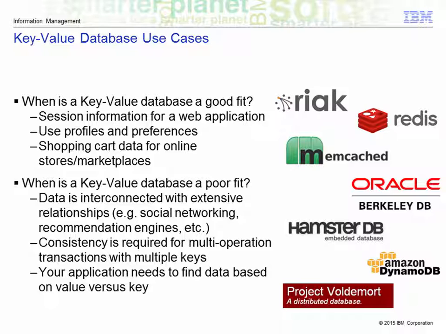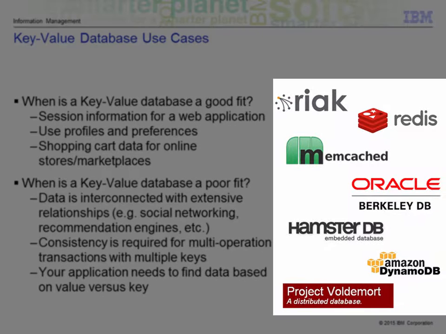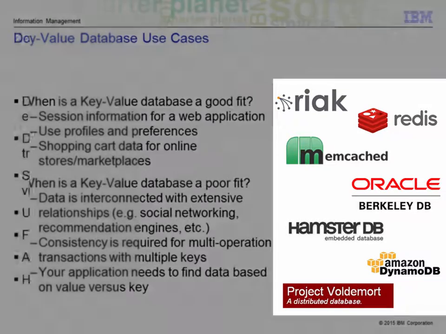Lastly, if you expect the need to query based on value versus key, it may be wise to consider the next type of NoSQL database we're going to cover, that being a document database. This screen shows some of the more popular types of key-value databases.